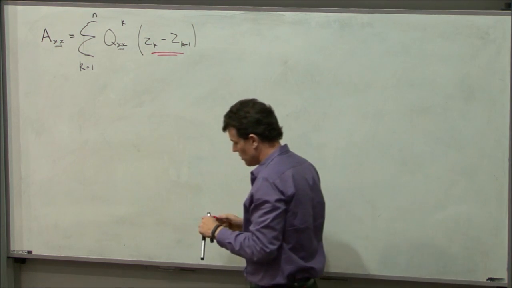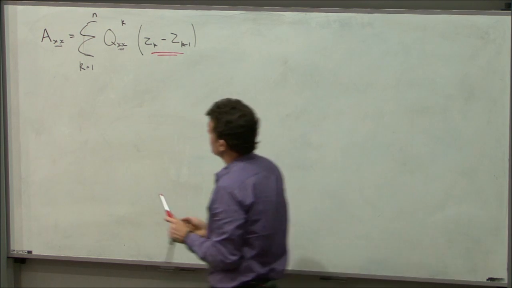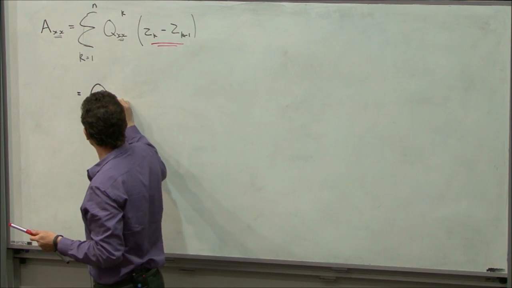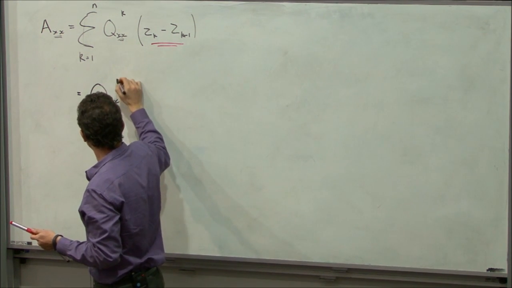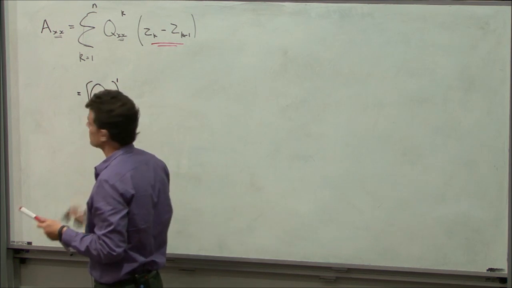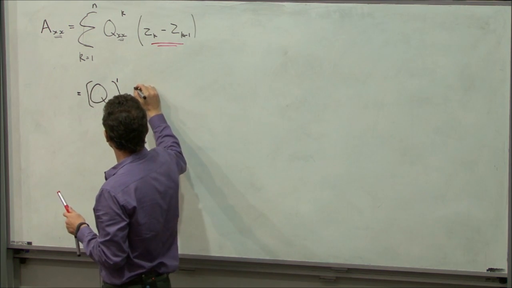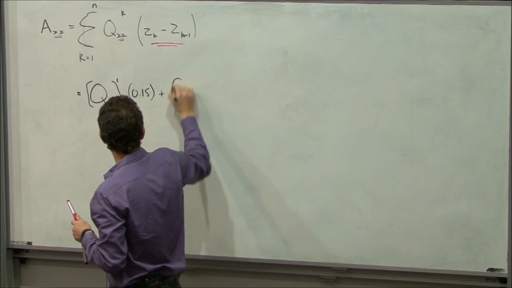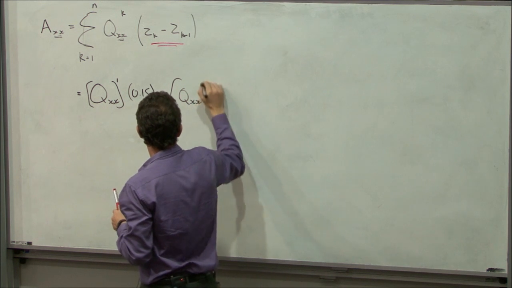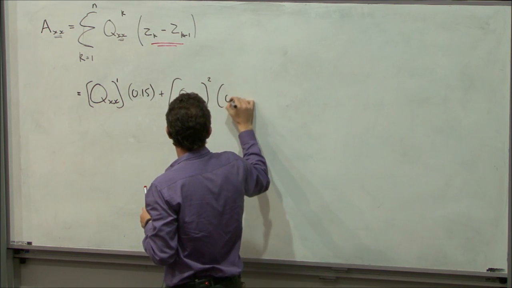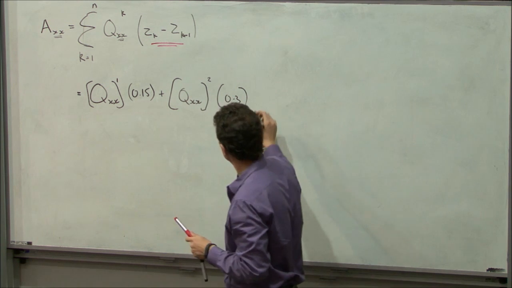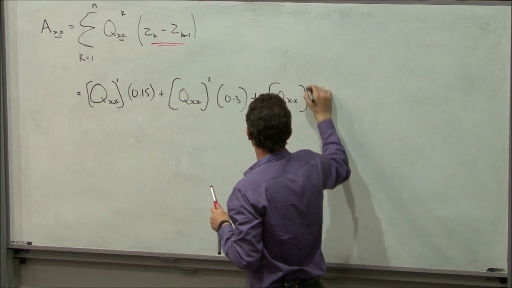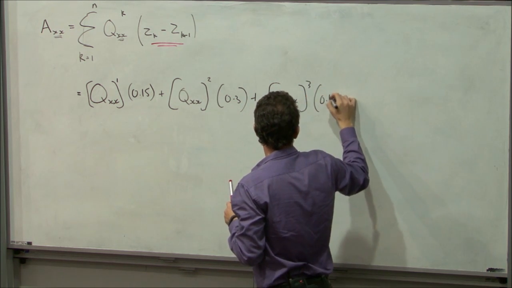So let's write it out longhand now with all the k's substituted in. For k equals 1, we get QXX of our first ply times 0.15, plus QXX of our second ply times 0.3, plus QXX of our third ply times 0.15.